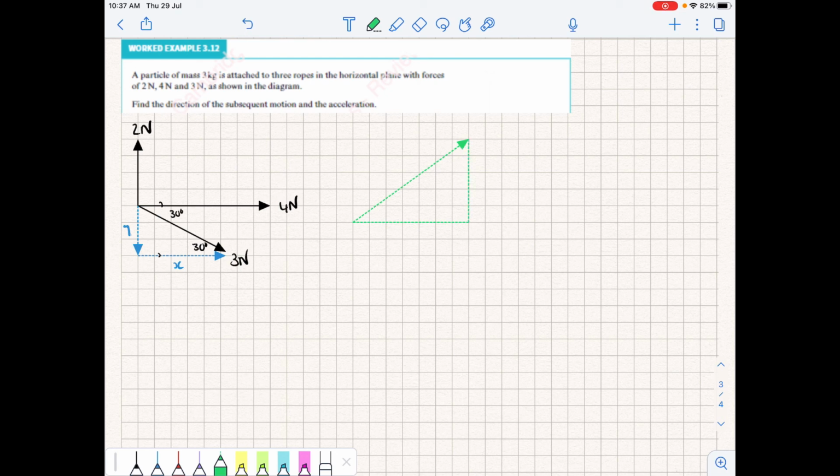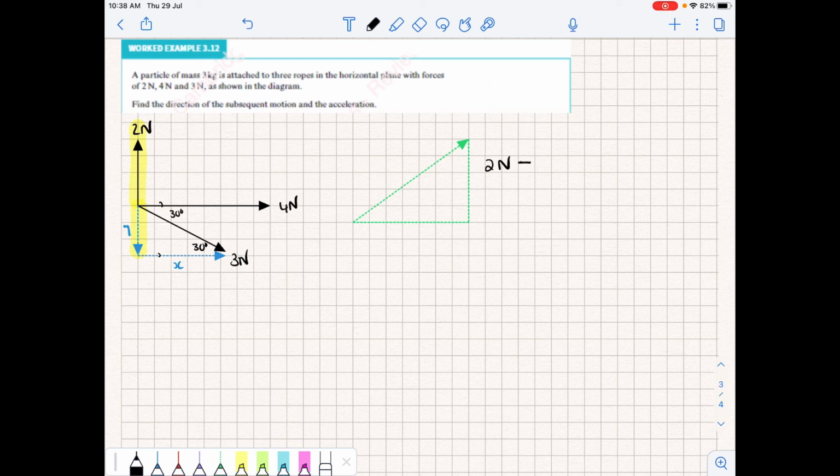I'm going to add all my forces together for the vertical components, and I'm going to consider the direction that they're acting in. So we have 2 newtons acting in a vertical direction. We don't have to split it up because it is already vertical. Then we have the y component of the 3 newtons, the vertical component, but it's acting in the opposite direction to the 2 newtons, so it's negative.